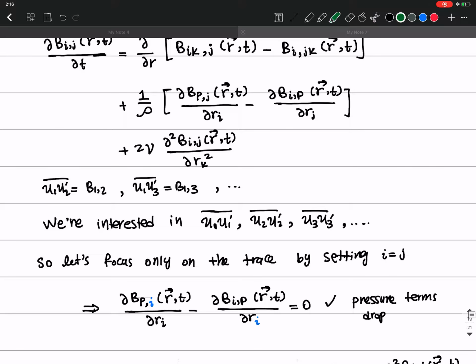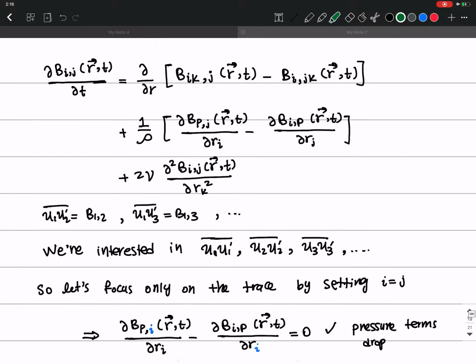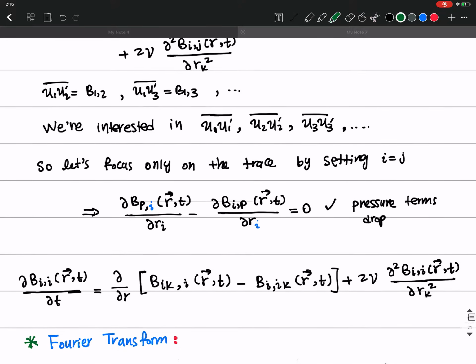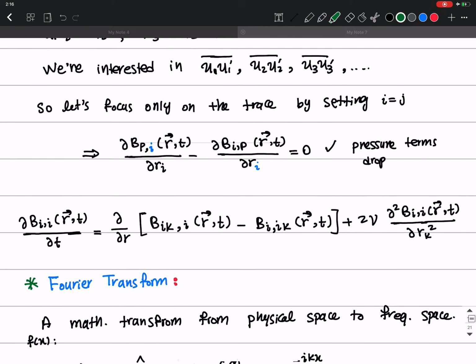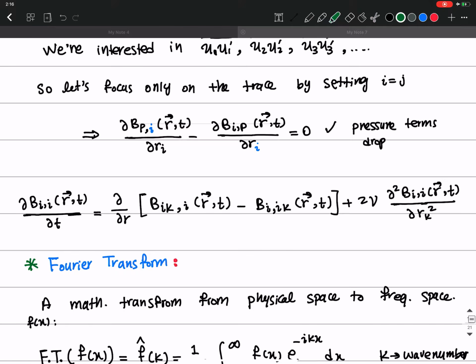And then to further simplify this, we were only interested in the trace of this B_ij tensor. So we only wanted to look at the autocorrelations of the velocities with themselves, so we focused on the trace by setting i equal to j. One advantage of this is that the pressure term drops, and we get this equation, which is much simpler than the original equation. It's only a function of r and time, the distance between two points and time.